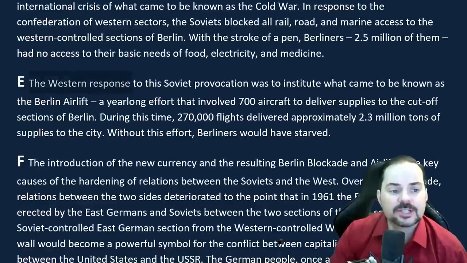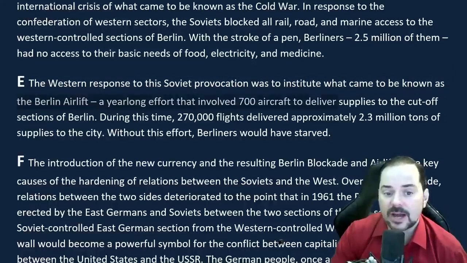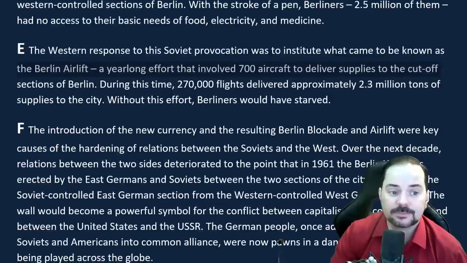The Western response to this Soviet provocation was to institute what came to be known as the Berlin Airlift, a year-long effort that involved 700 aircraft to deliver supplies to the cut-off sections of Berlin.